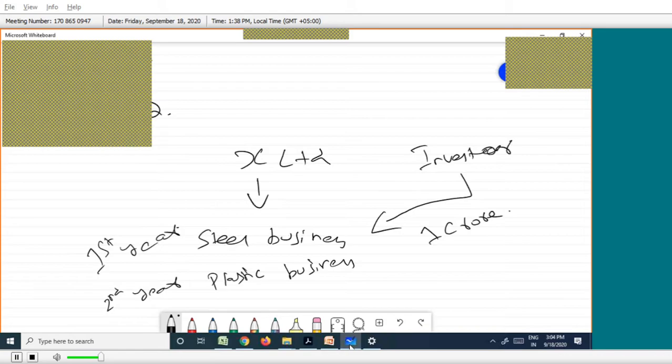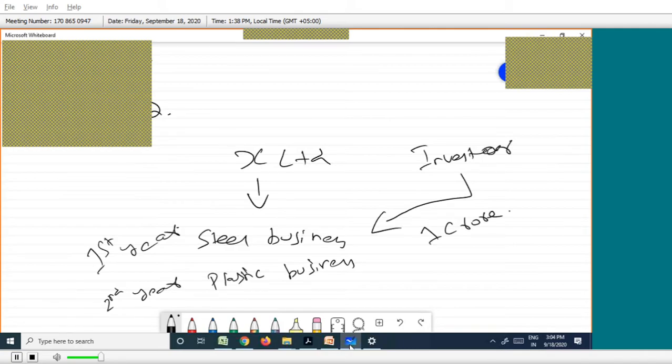Every year they will prepare the financial statement, the P&L account. In the P&L account, what information will be available? Sales, expenses and profit will be available. Correct?